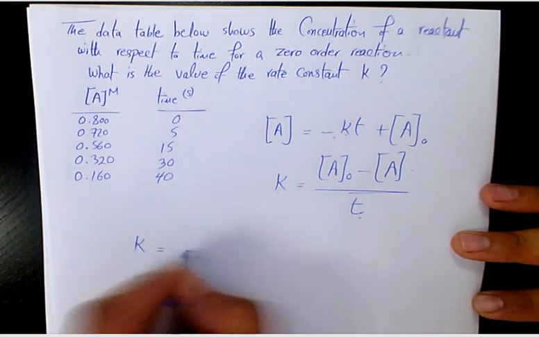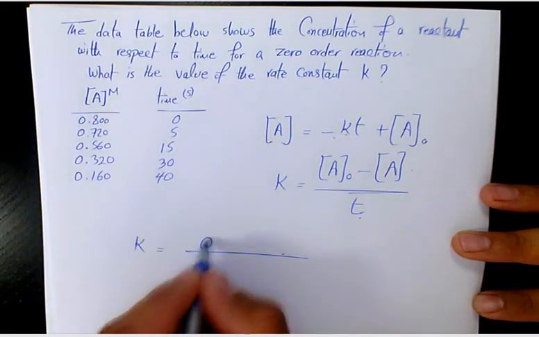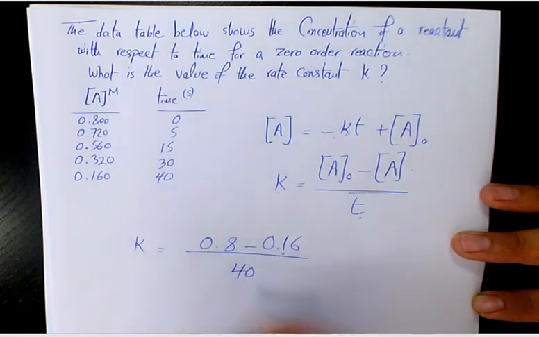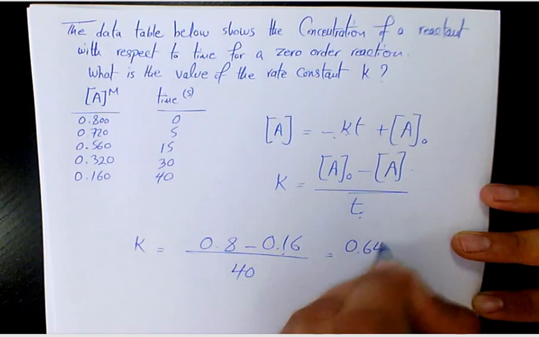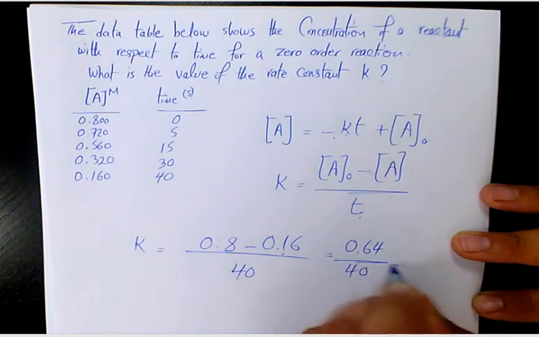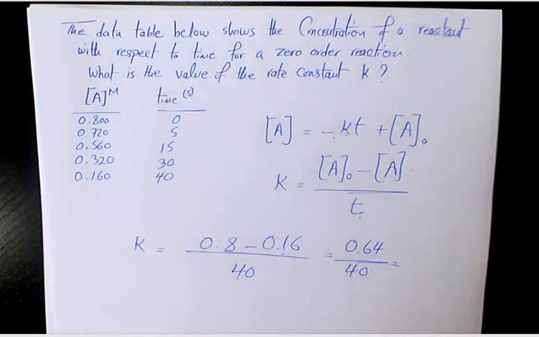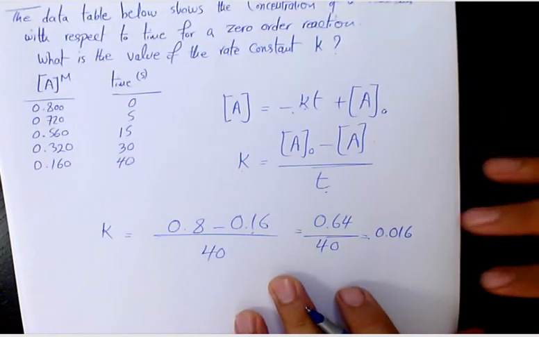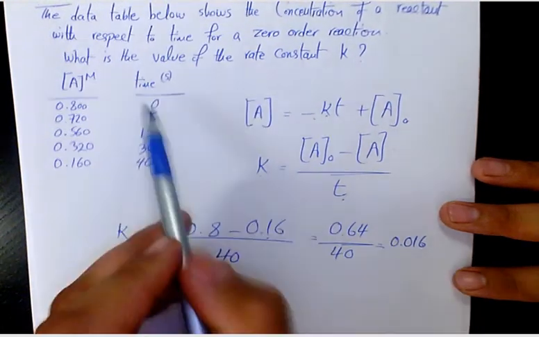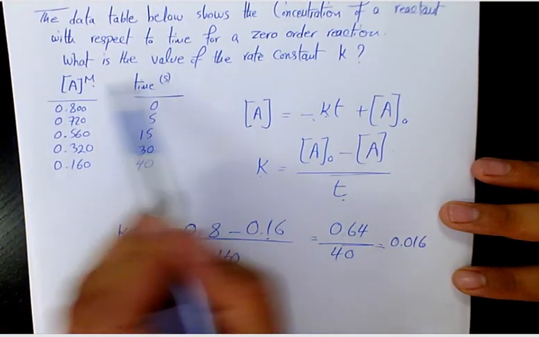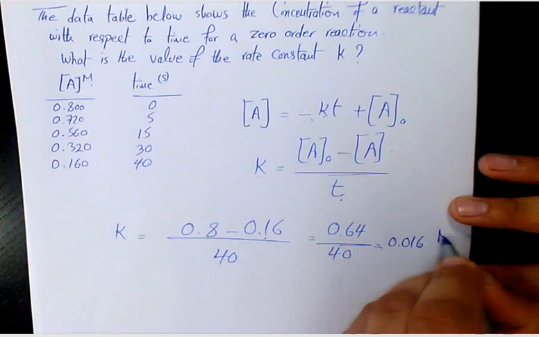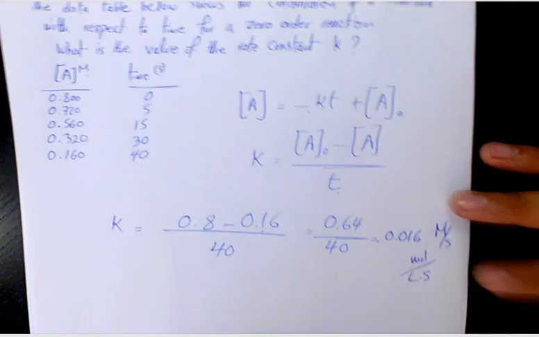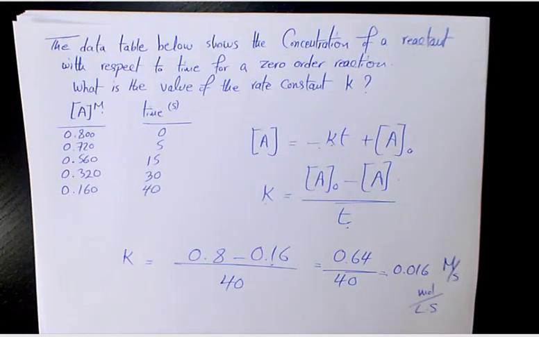So K will be equal to, initial concentration is 0.8, final concentration is 0.16, divided by 40 seconds, which is 0.64 divided by 40. That's going to be 0.016. And the unit for K, here we have it in molar, mole per liter. This one is seconds, so it's going to be molar per second, or mole per liter per second. So that's the value and unit of K.